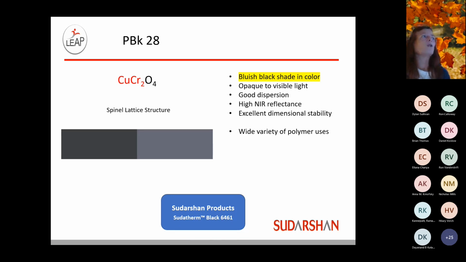And moving on to Black 28, here we have 2 metal ions, the copper and the chromium, which provide the color, and this results in a bluish black shade for color.